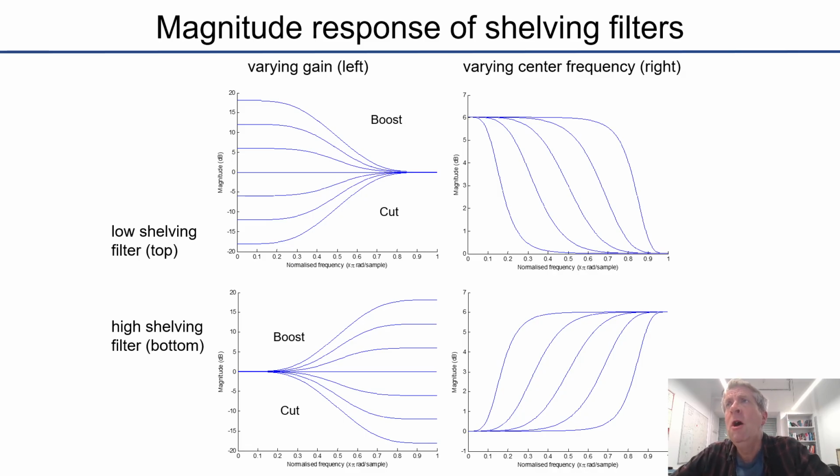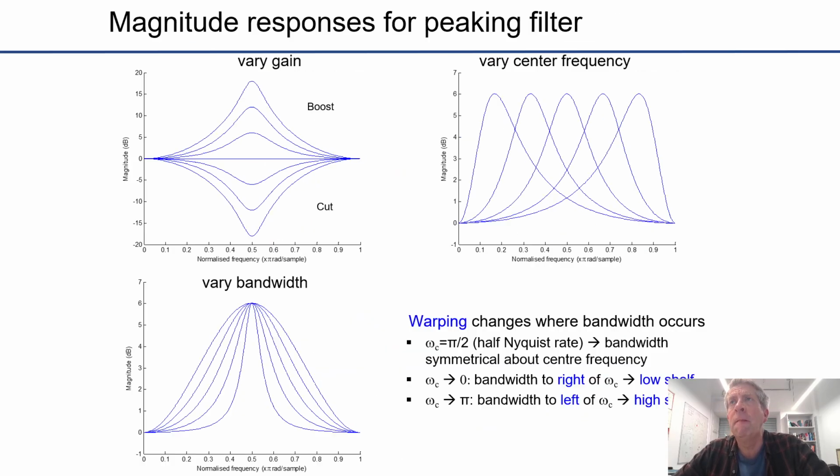So here we are showing low shelving filters and high shelving filters, and we're showing the effect of changing the gain, so more boost or cut, and also changing the center frequency, so at which point it makes the boost or cut.